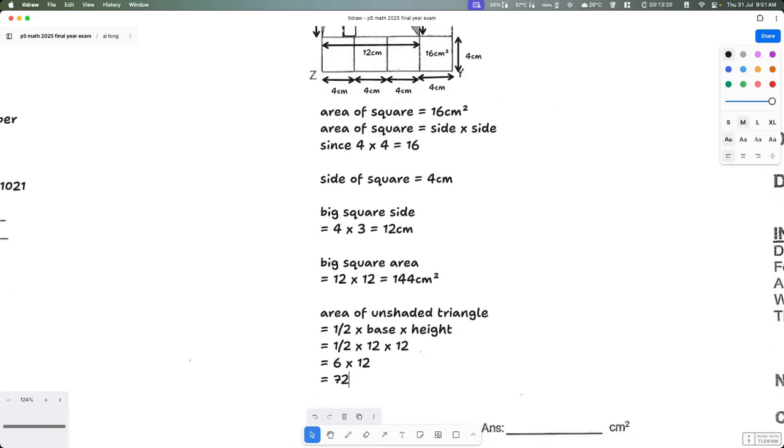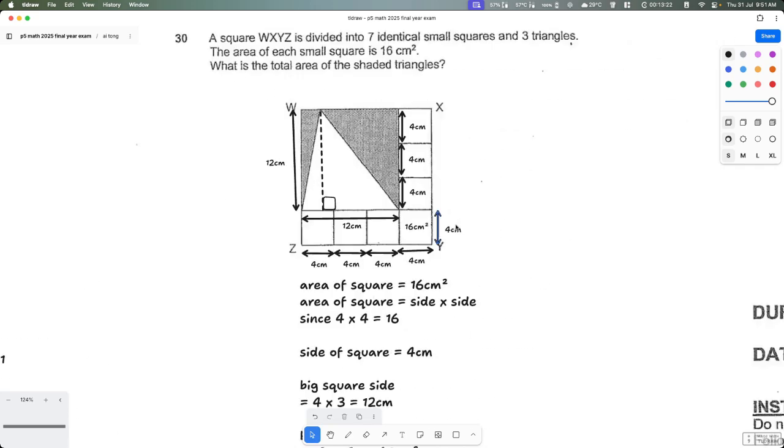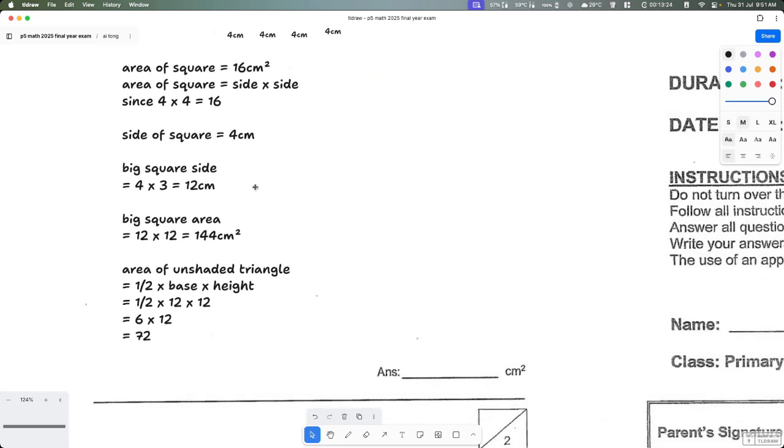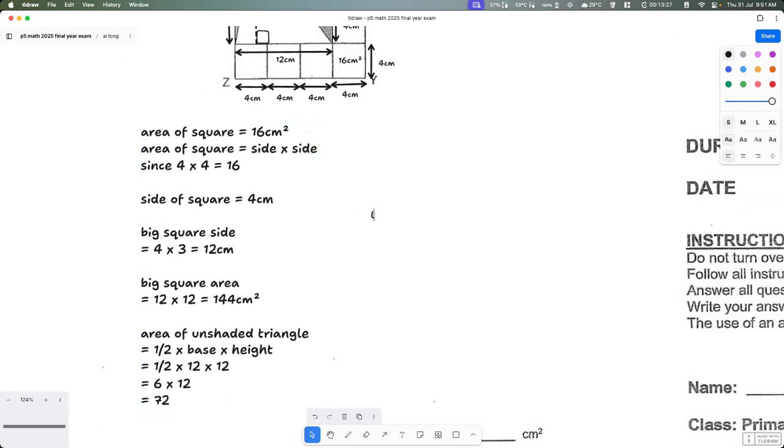So now we have the unshaded triangle. The last part is the area of the shaded triangle.